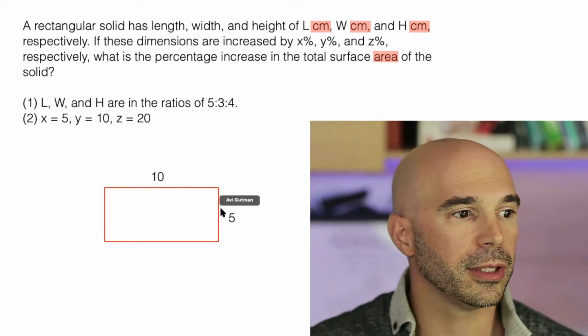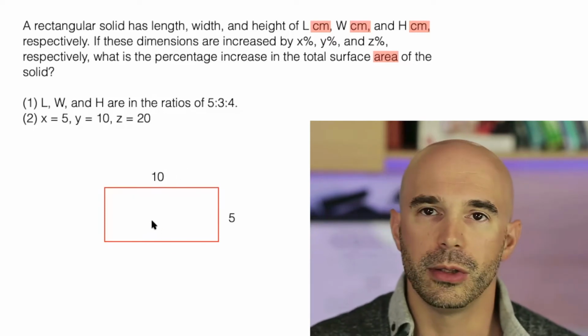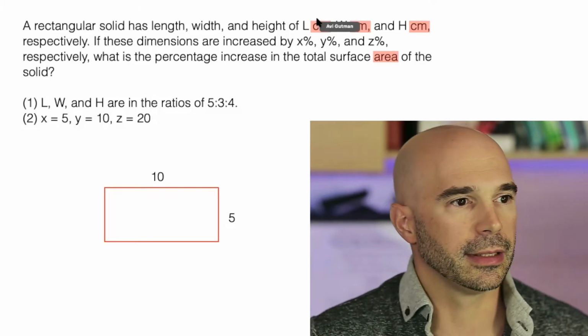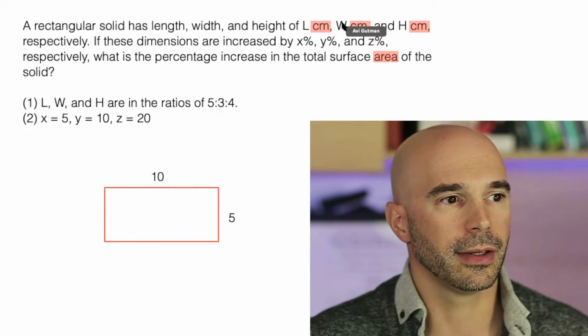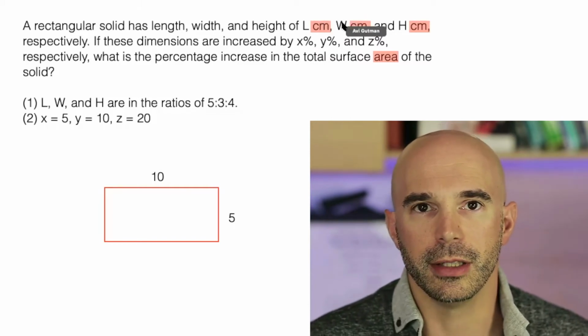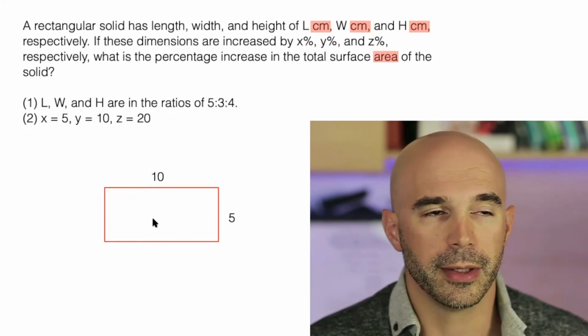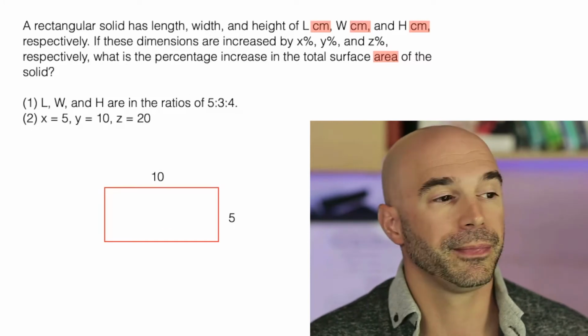Why squared? Because we're going from one-dimensional measurements, 10 and 5, to a two-dimensional measurement, area. So the logic there is, since we're going from centimeters to centimeters squared, any kind of multiplicative change is also squared when we go from a one-dimensional to two-dimensional measurement. And again, if it was going from one-dimensional to three-dimensional, it would get cubed.